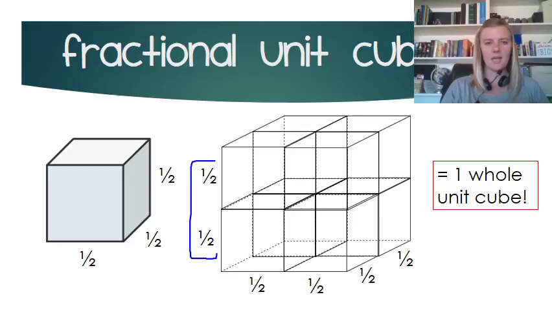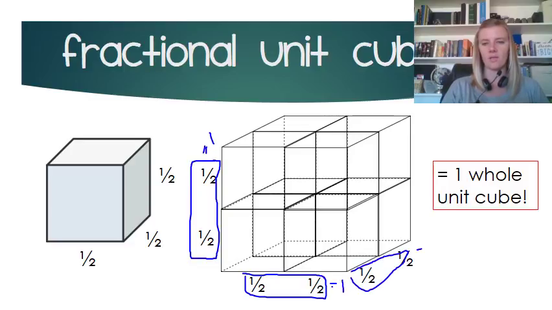On this side, now I have 2 fractional lengths of 1/2, so that would equal 1, right? 1/2 plus 1/2 is 1. And so you'll see that on every side. 1/2 plus 1/2 equals 1. Okay, so as I look at this, I have these each unit cubes in here to equal 1 unit cube.